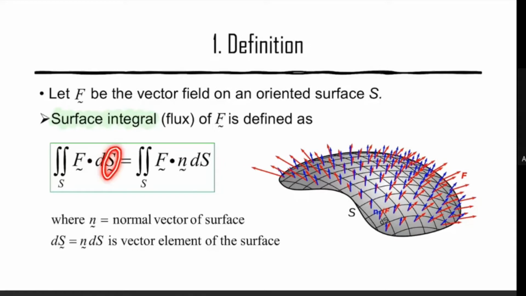This S represents the vector of S, so it is given by this formula: F dot n, where n is the normal vector of the surface dS. If you look clearly, you can see that dS here we change to this one.